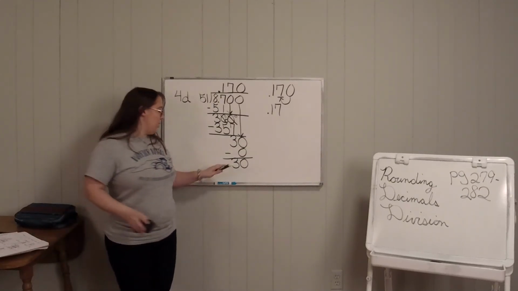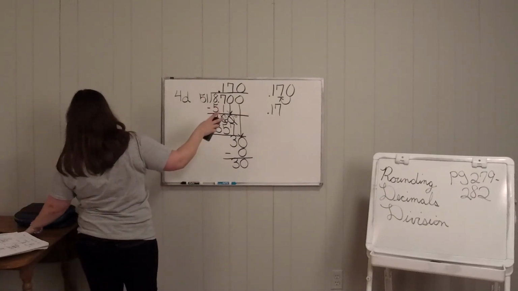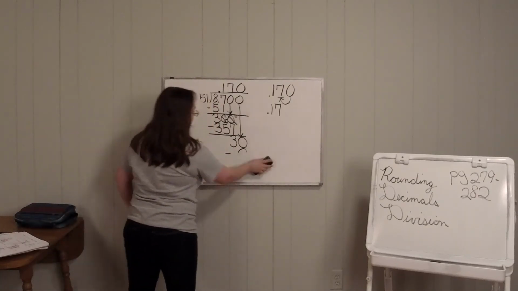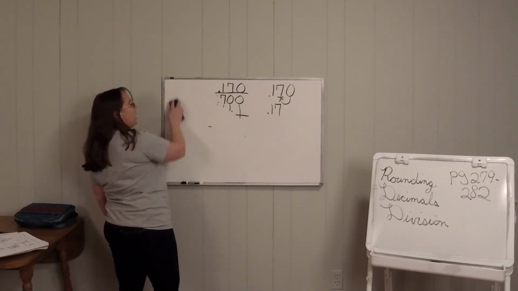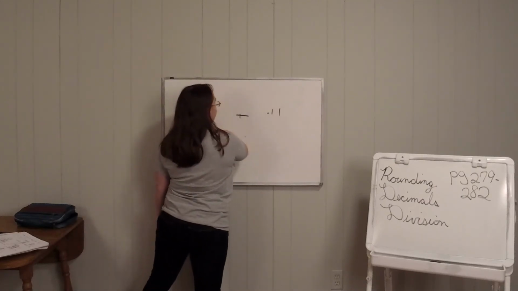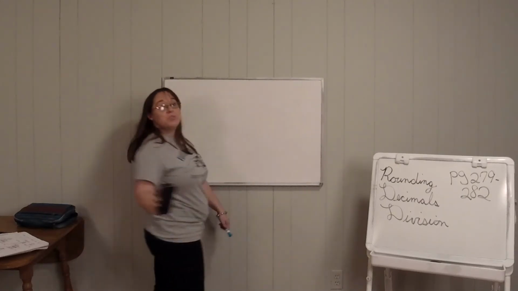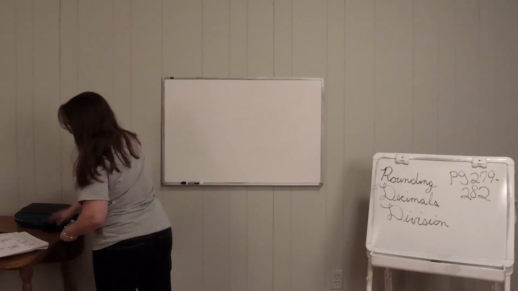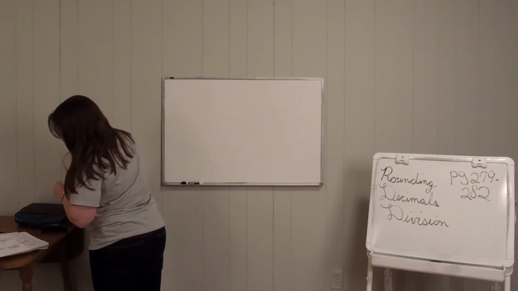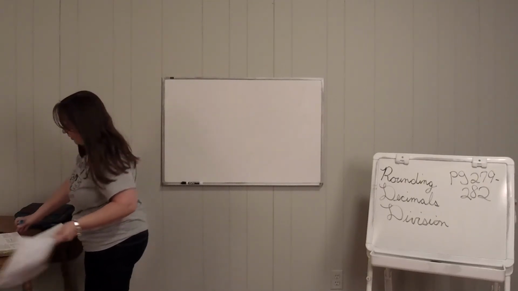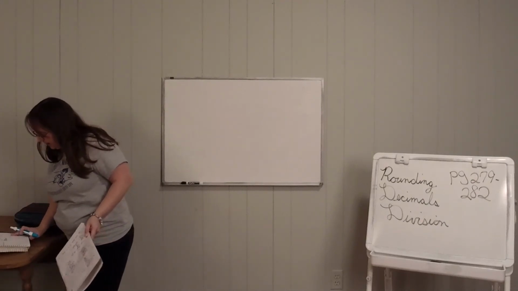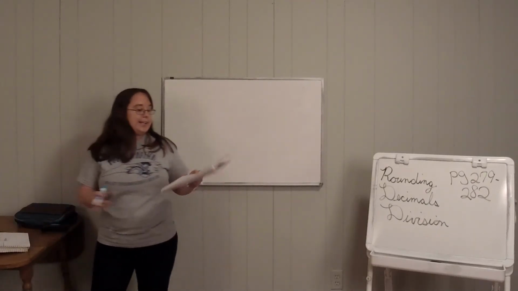Alright, let's look at one more example, but it's not this, it's something a little different. It's something I think we might have forgotten how to do, because it's been a while since we've done it. So I'm going to review with you. I'm on problem 8A on page 282.